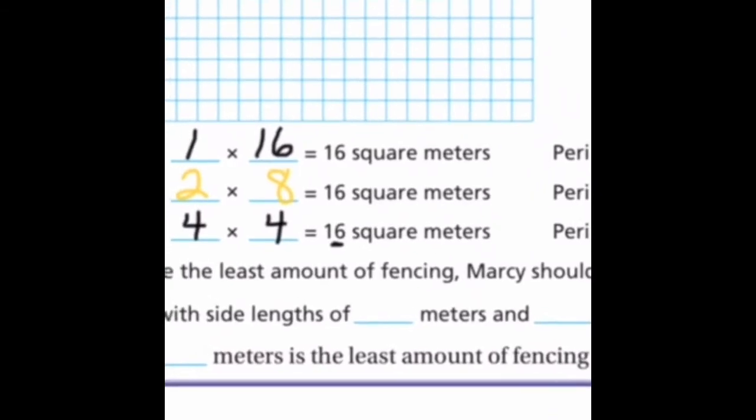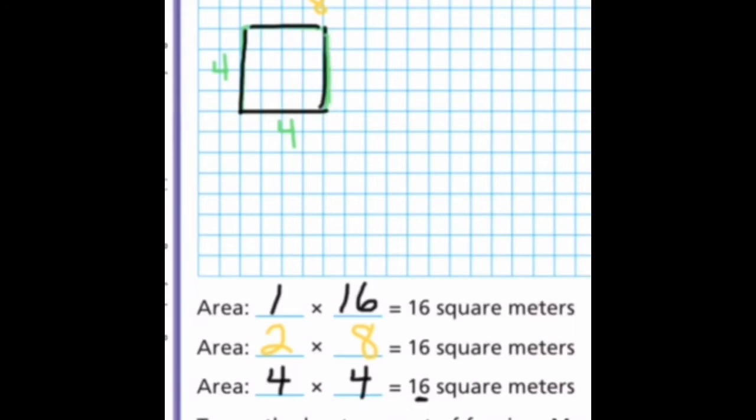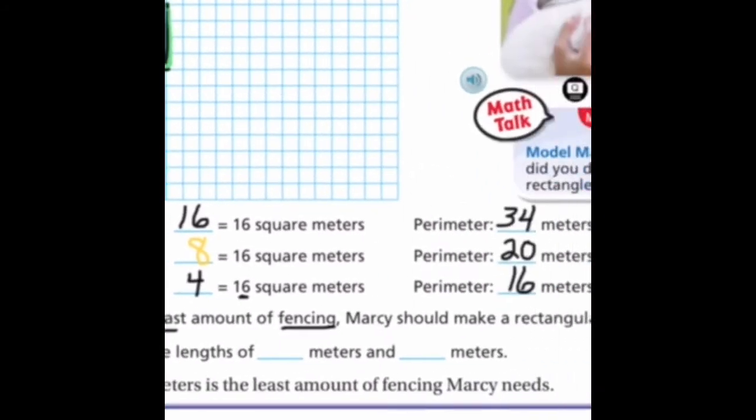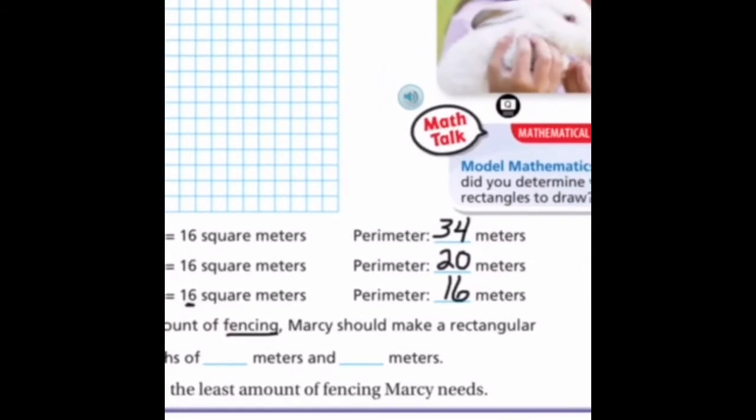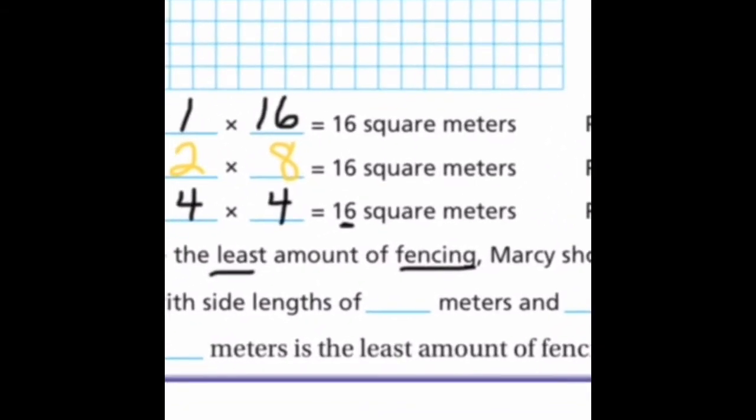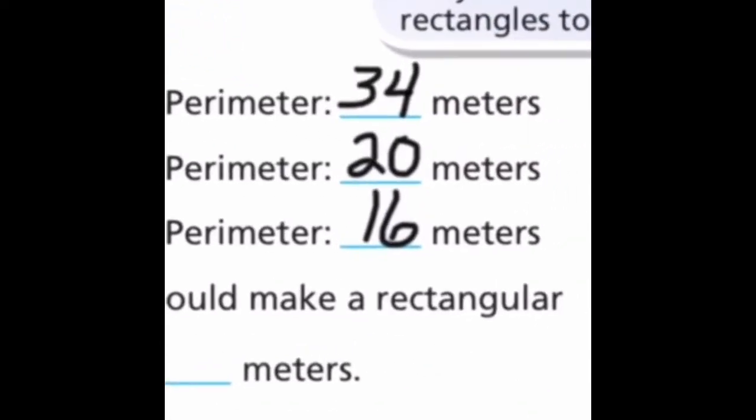So to use the least amount of fencing, and again, fencing goes around the outside of an object, right? To use the least amount of fencing, Marcy should make a rectangular pen. So we got to look at our least amount, which is right here.